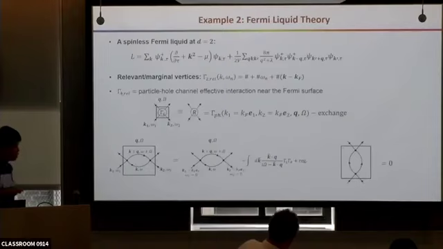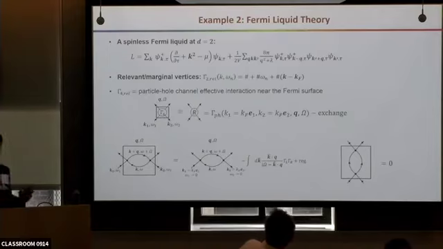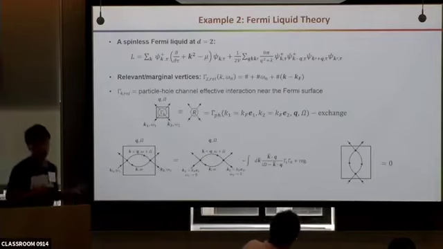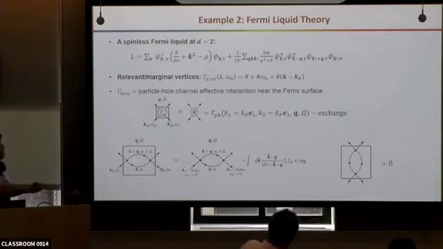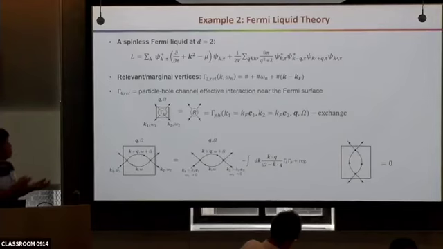And another simple example is the Fermi liquid theory, and this is more non-trivial than the phi-4 model. This is a very typical example in condensed matter field theory, because we know the effective interaction for the Fermi liquid theory, the particle-hole channel effective interaction near the Fermi surface.